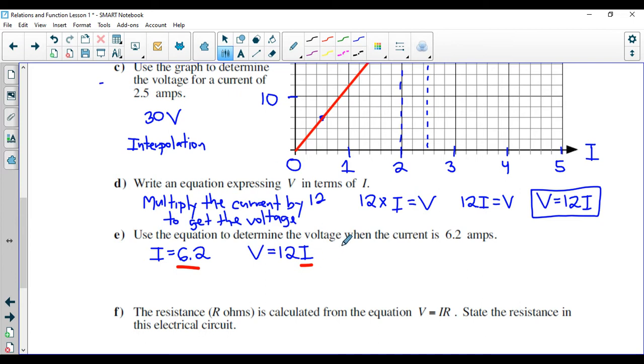So if you do that, the voltage would be, so 12 and the I side by side means we're multiplying, so we'd have 12 multiplied by 6.2, and the units are amps. And then 12 multiplied by 6.2 would be 74.4, and the units are volts here.